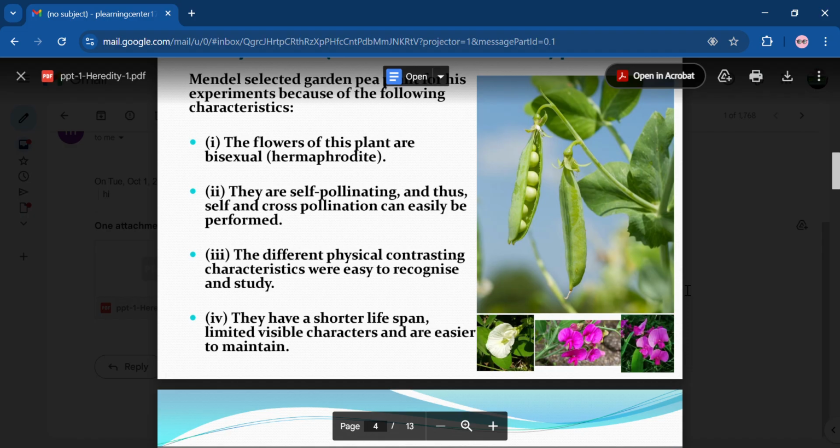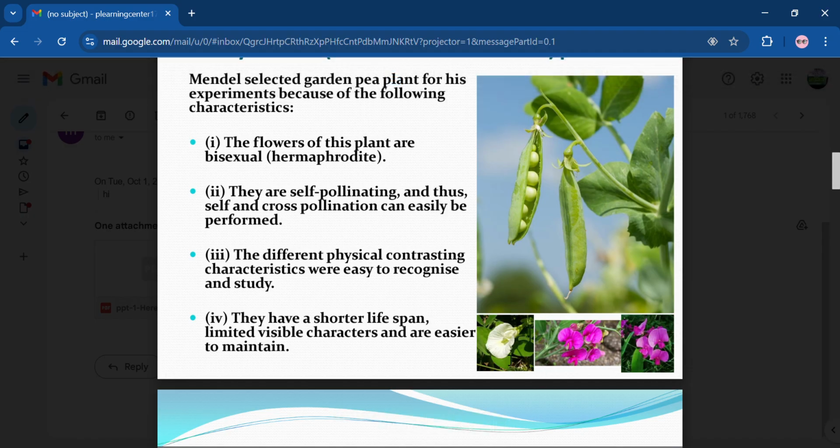Then the plants have different physical contrasting characters, and they are easy to recognize. Like here, the flower can be white or purple. We know that green peas and yellow peas are also there.